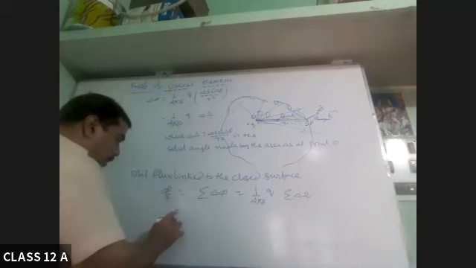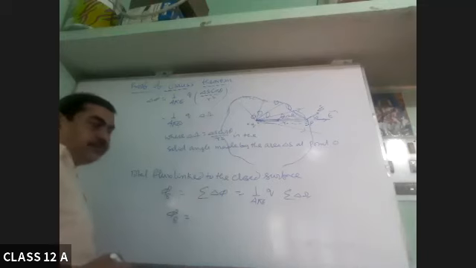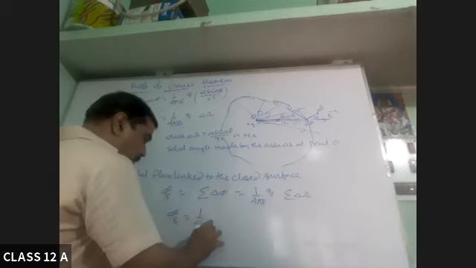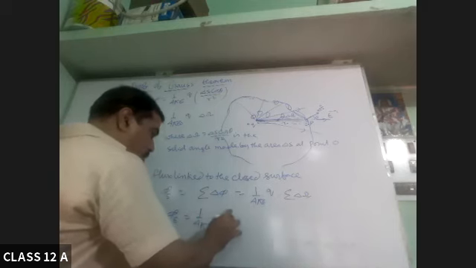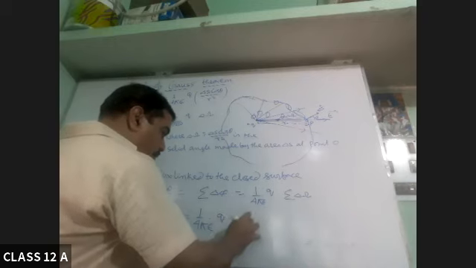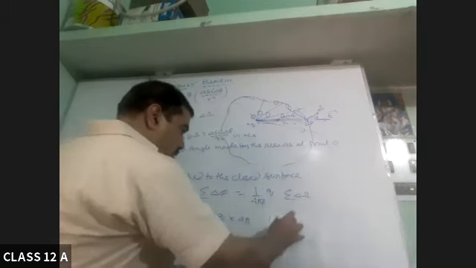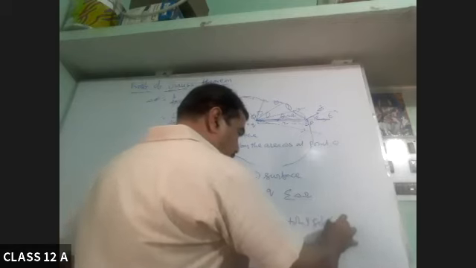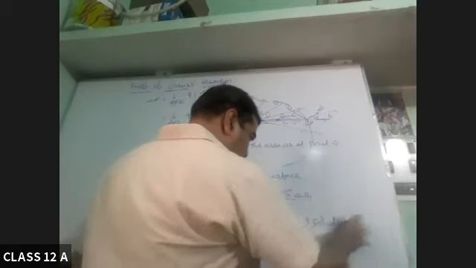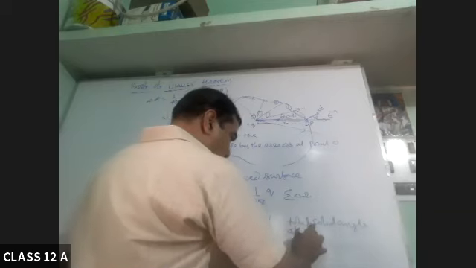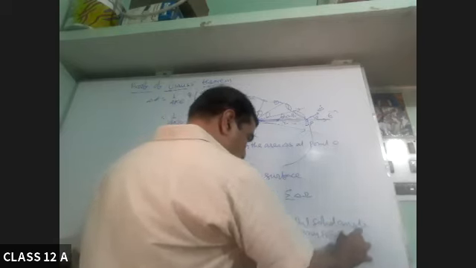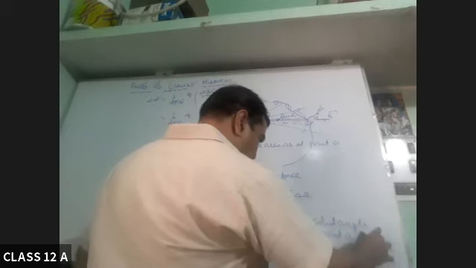So this phi E will be 1 by 4 pi epsilon Q into 4 pi. Hence, the total solid angle at any point is 4 pi.